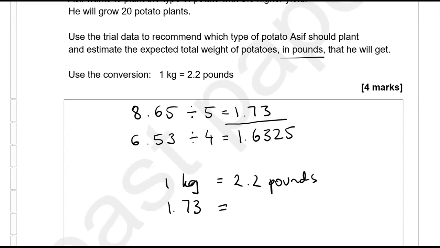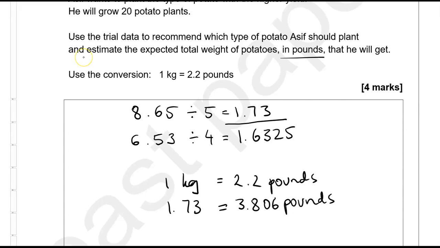So we're going to multiply 1.73 by 2.2, which gives us 3.806 pounds.